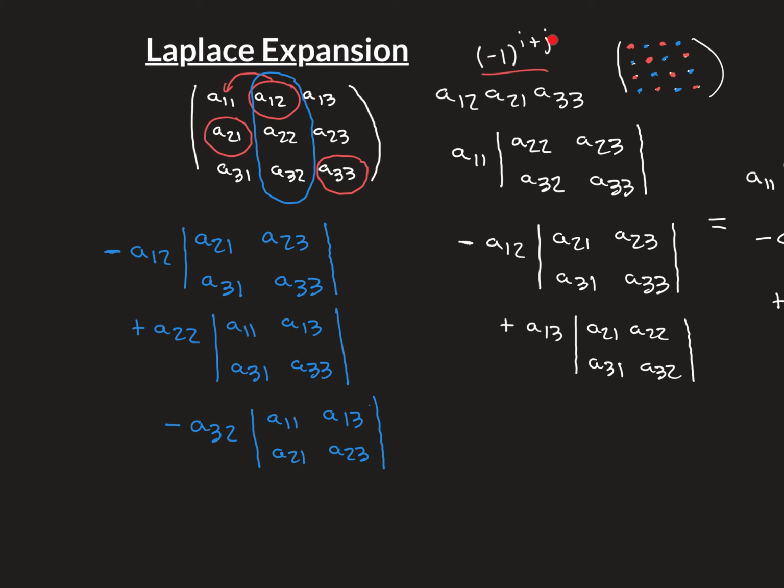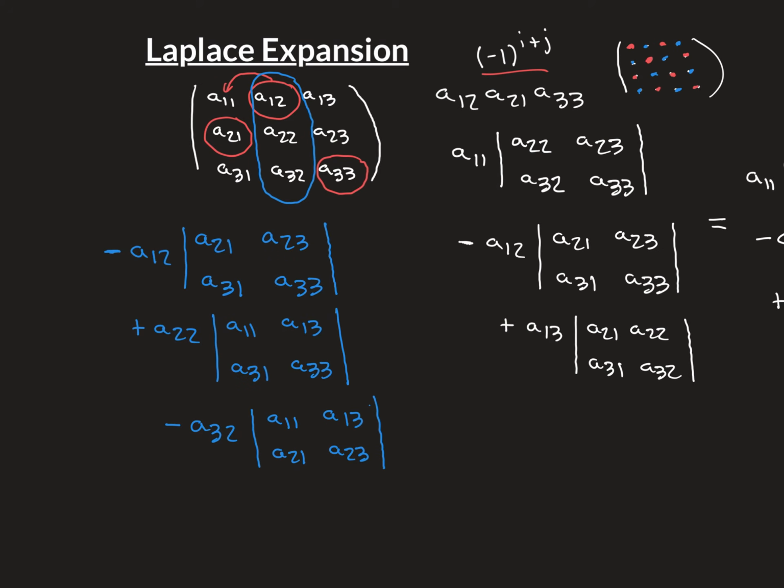You have to put the correct coefficients in front of them, like so, according to this formula, and then you take each of your entries from the column and you multiply them by the determinant of the reduced matrix, which is the entries that you need to consider products of to make the products involving this entry of the column that are going to be involved in the determinant.